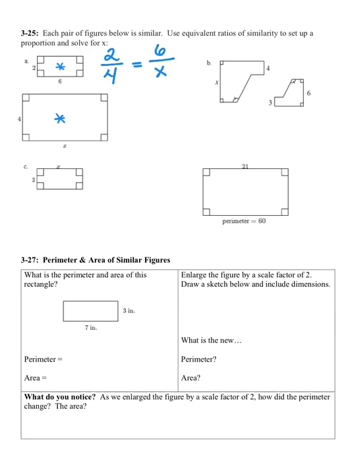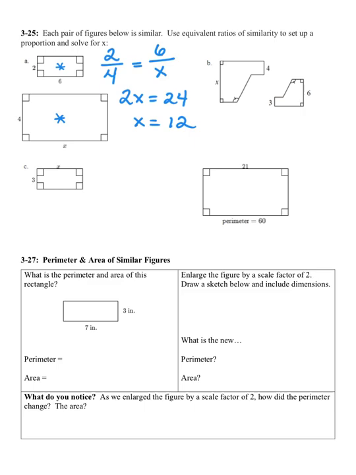So again, every ratio I'm setting up is taking a side from the smaller rectangle and comparing it to its corresponding side in the larger rectangle. If we cross multiply, we get 2x is equal to 24, and dividing by 2, we get x is equal to 12. So the length of that second side in the larger rectangle is 12.